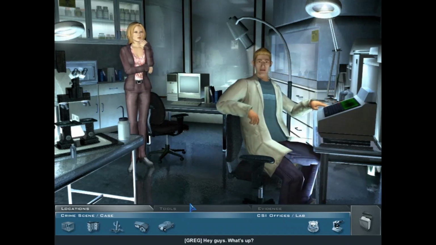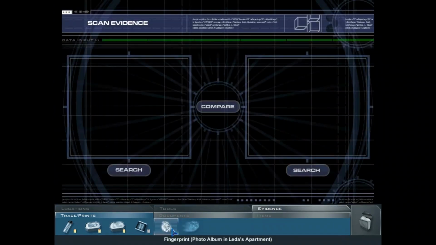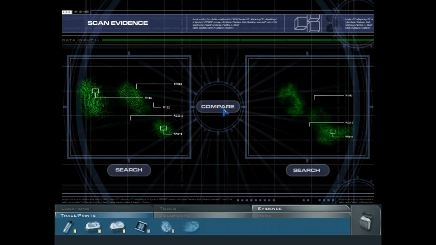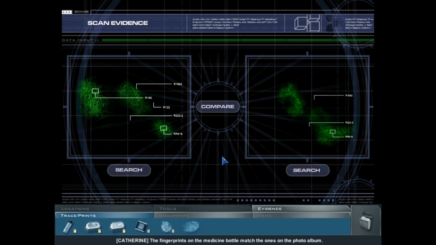Hey guys, what's up? The fingerprints on the medicine bottle match the ones on the photo album, so Lita dispensed these meds to Kylie before giving her fingertips the acid treatment.